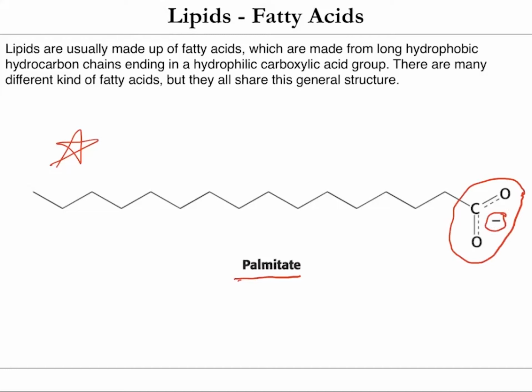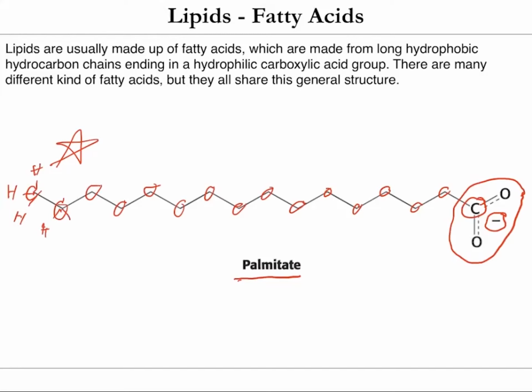And then in this molecule, there are 1, 2, 3, 4, 5, 6, 7, 8, 9, 10, 11, 12, 13, 14, 15, 16 different carbons. And each of these carbons is going to have, of course, hydrogen atoms attached to it.